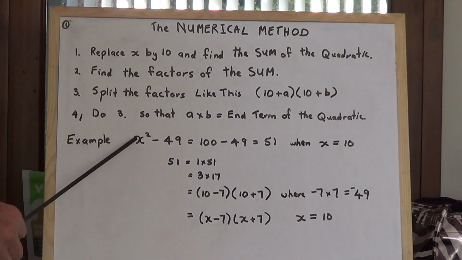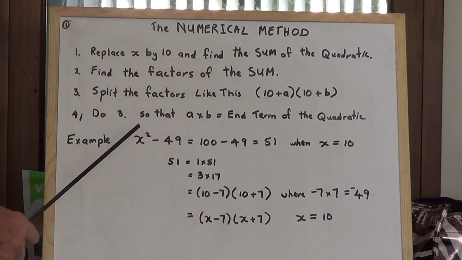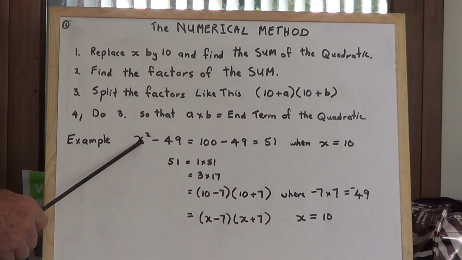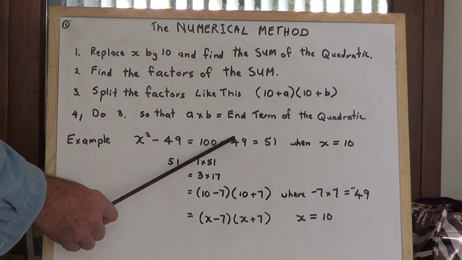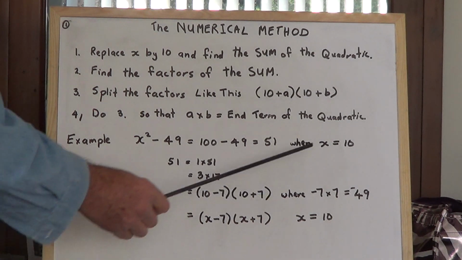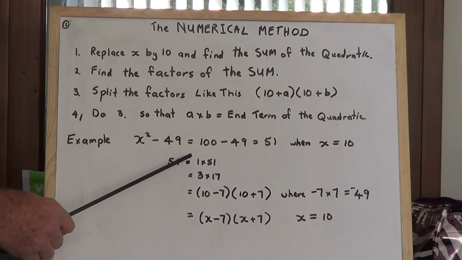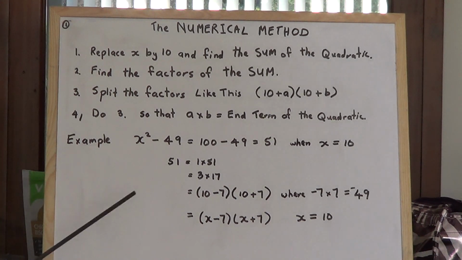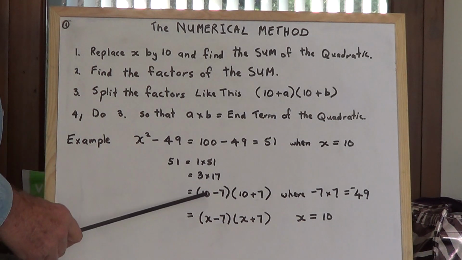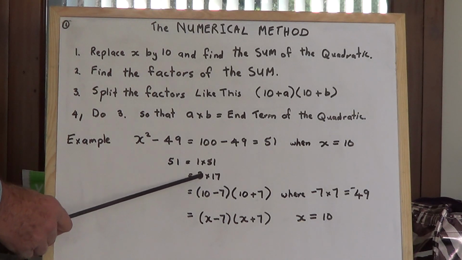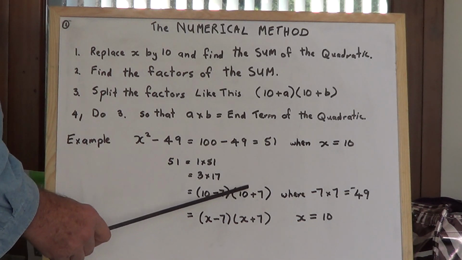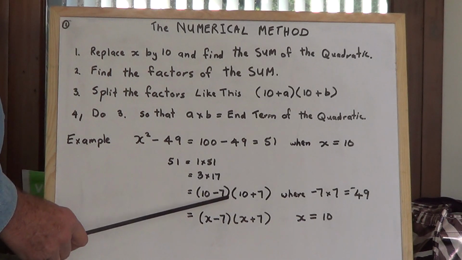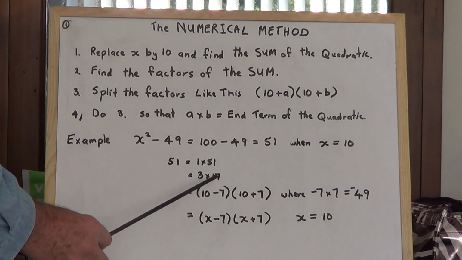The example is x squared minus 49. So that's going to be 10 squared, which is 100, take away 49, which is 51, when x is 10. 51 is 1 times 51, and 3 times 17. Now, we put 10 there, and we take 7 from 10, and we'll get 3. And we put 10 there, and we add 7 to it, and we get 17. And we'll look at the check.